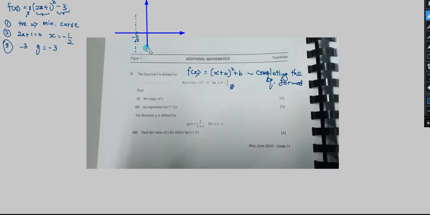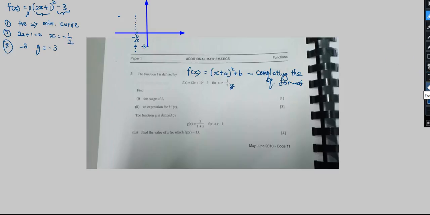So in other words, the point will be here. X coordinate is minus half. Y coordinate is minus 3. Since this is a minimum curve, the curve should look in this manner.